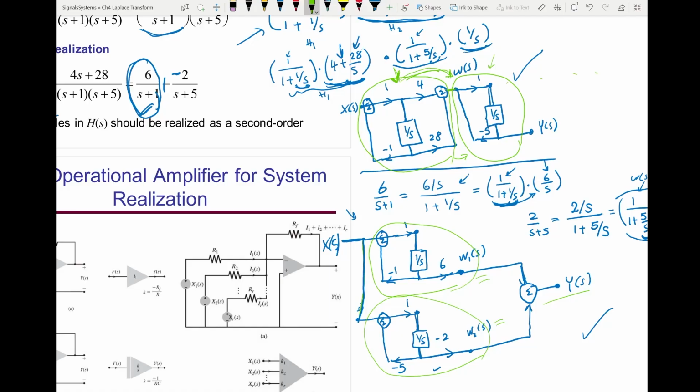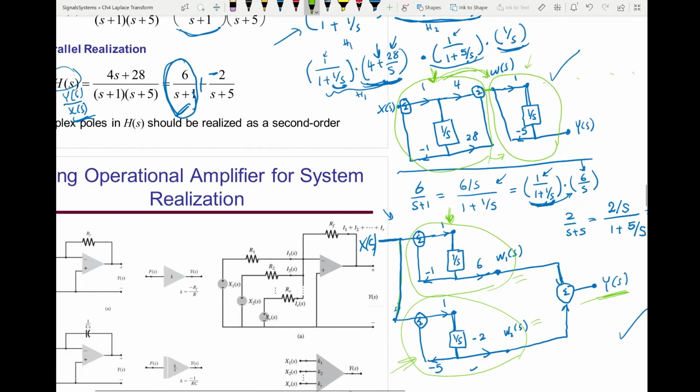In this case, no. If there was error in this subsystem, these will not be affected by the error that happened here. So the total error here will be less. And it's a practice whenever you are designing and building a system, use parallel realization when it is possible.